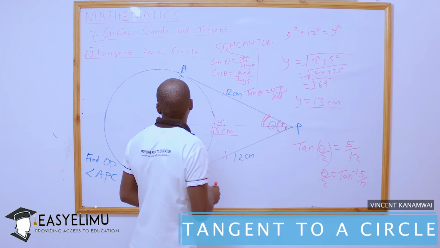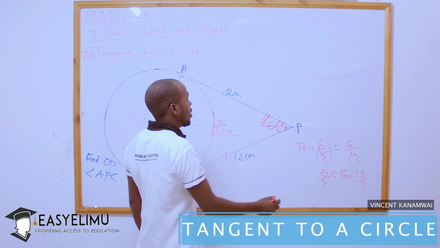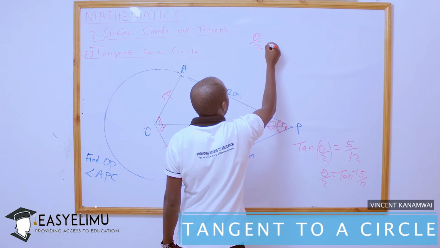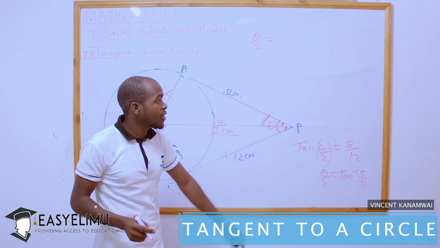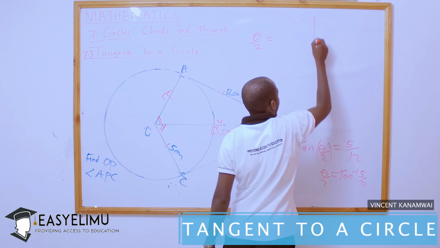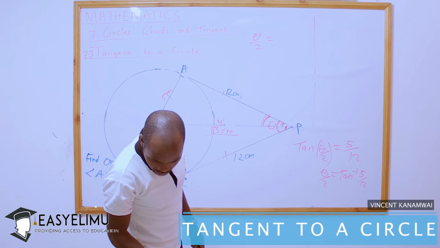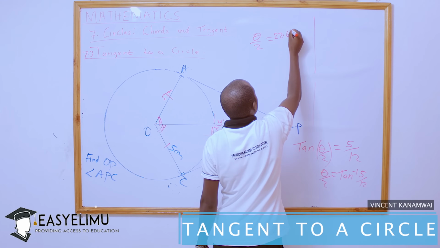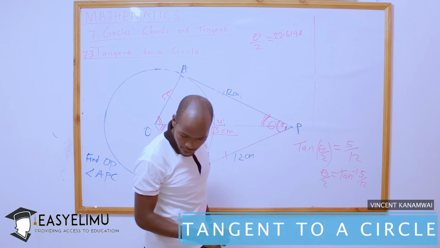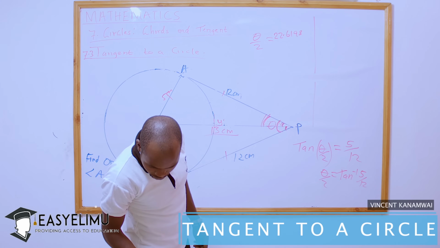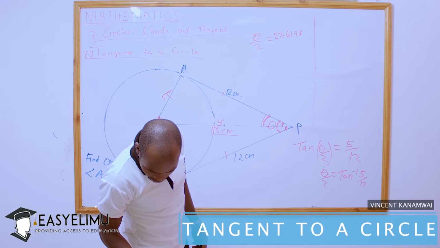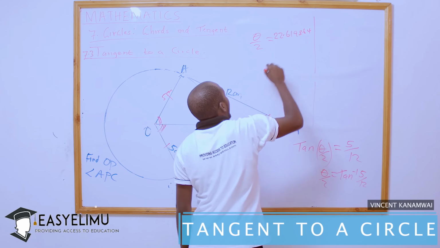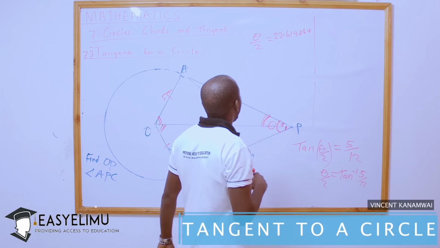Using the calculator, theta over 2 equals the tan inverse of that answer, which is 22.619864 and so on.